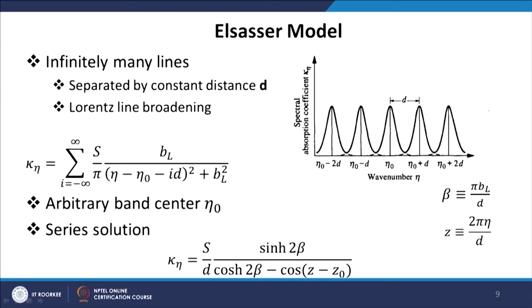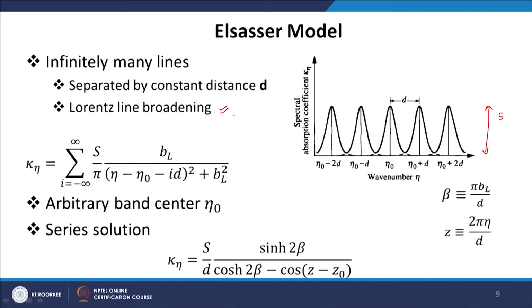In the Elsasser model, what we assume is that there are infinitely many lines, all separated by a distance d. These lines have strength S, that means at the center the strength is S, the distance between two lines is d, and they have width b_L. So, they follow Lorentzian line broadening. These are the assumptions in this model. All lines have the same shape given by the Lorentz profile.